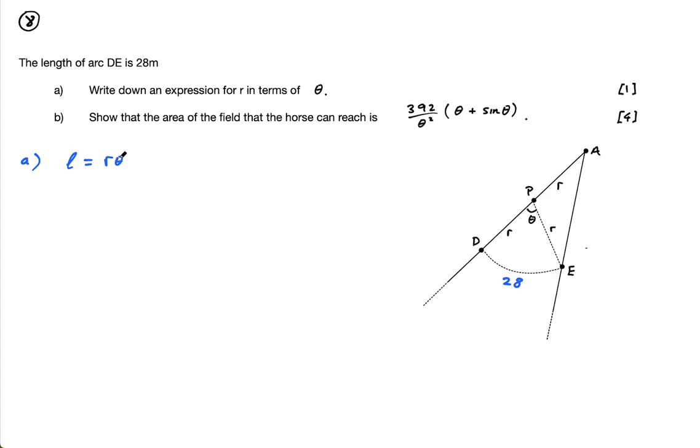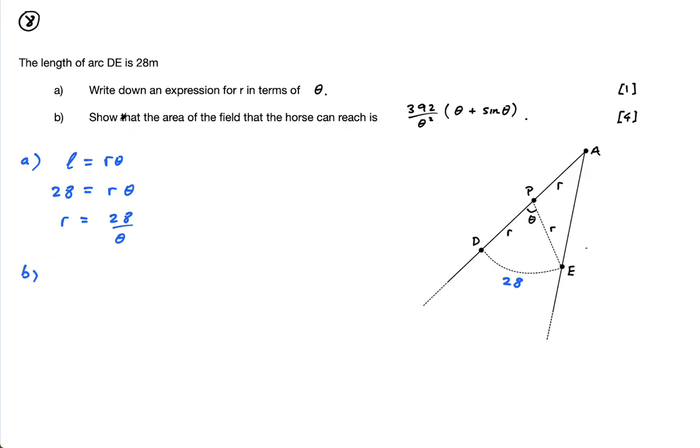So the length of an arc, which is 28, equals r times theta. I want to make r the subject, which is 28 divided by theta, because I divide both sides by theta. That's part A, fairly straightforward.